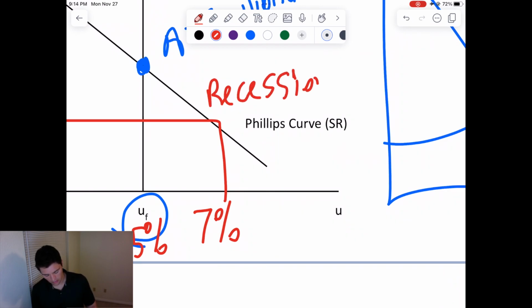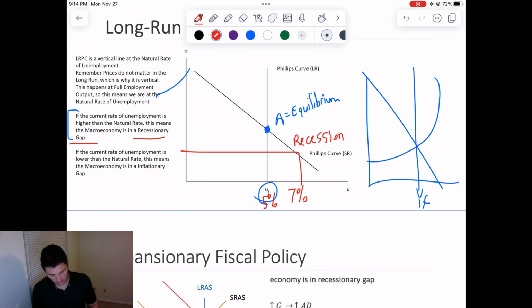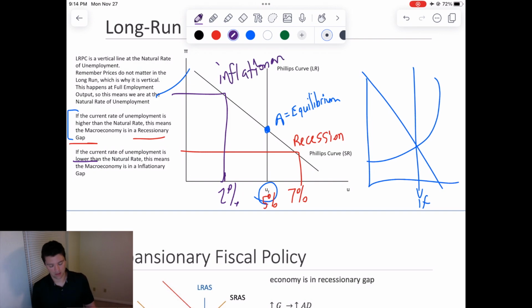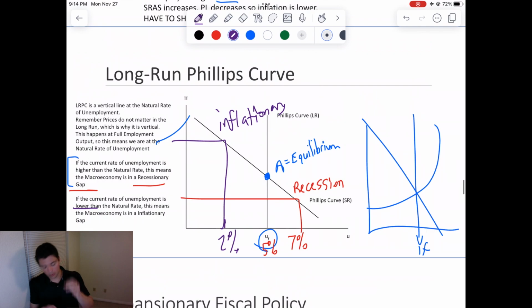If you are on this side, meaning your current unemployment is lower than your natural rate, such as 2%, then you would be in the inflationary gap. Okay. So that's what's happening when we're talking about the long run Phillips curve. So if I gave you a point on the Phillips curve and I said you're on right here, then you would be able to know that you're in the inflationary gap, and then you can go from there.